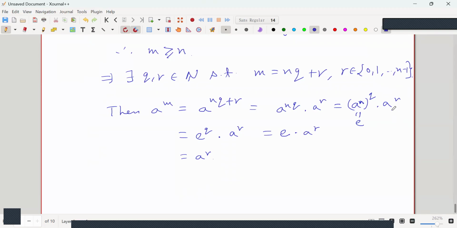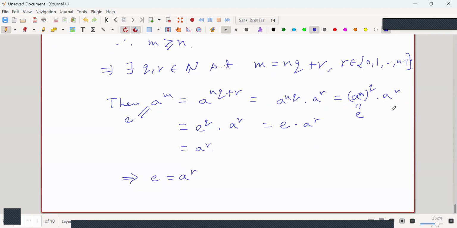But this a^m is already given to be identity, right? This implies identity is equal to a^r.